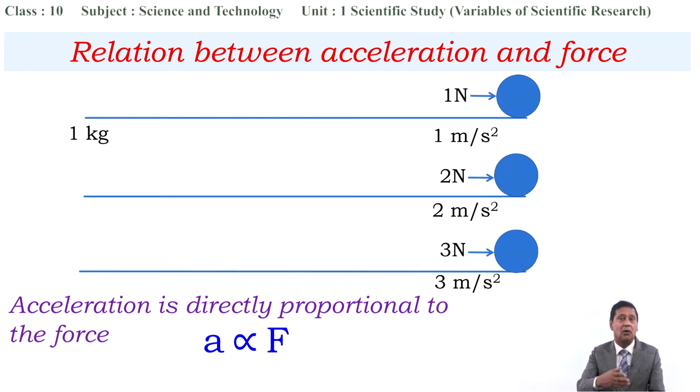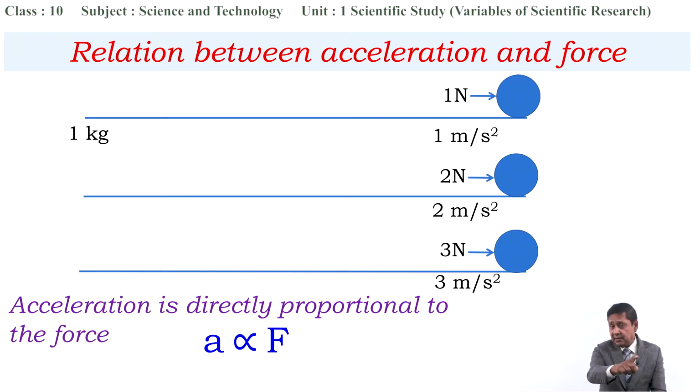Since we have control over it and are changing the value of force, it is the independent variable. Its effect is seen on the acceleration. Acceleration depends on force. That's why acceleration is the dependent variable.